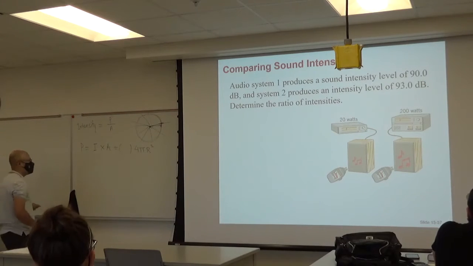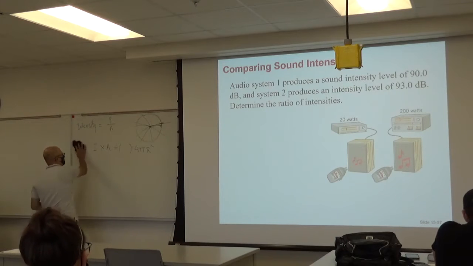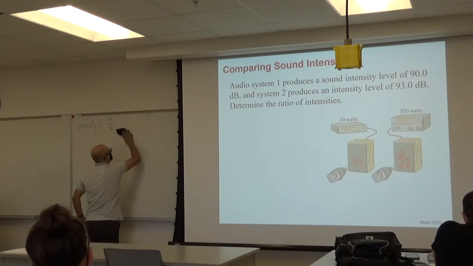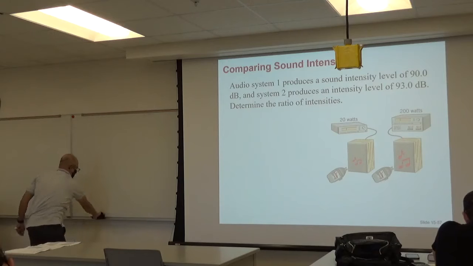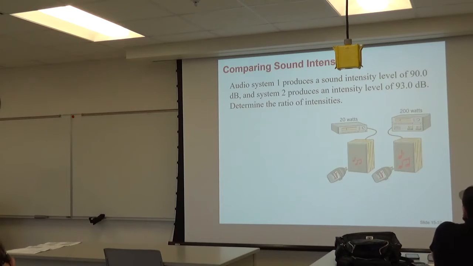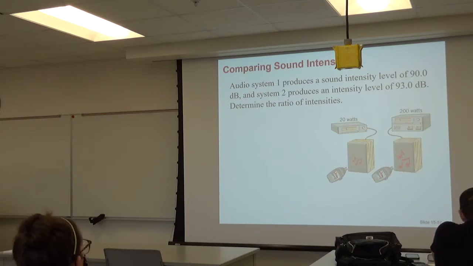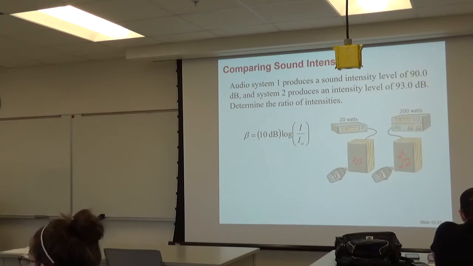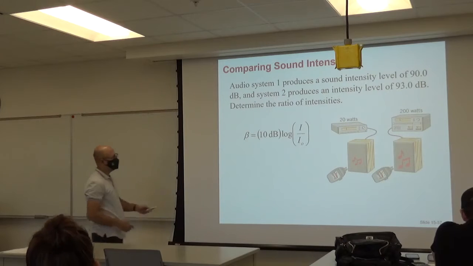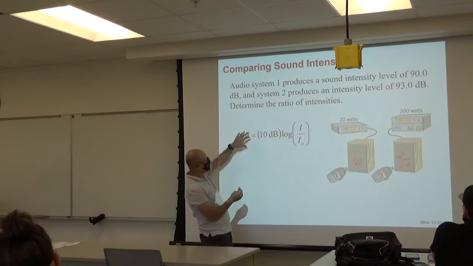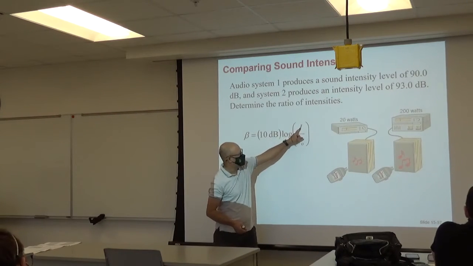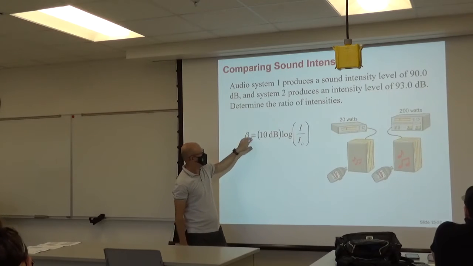So how do we find the ratio of intensities? Now the given value is in decibel, so first we can start with the decibel formula, this formula. This is given, and we need to find that. Okay?